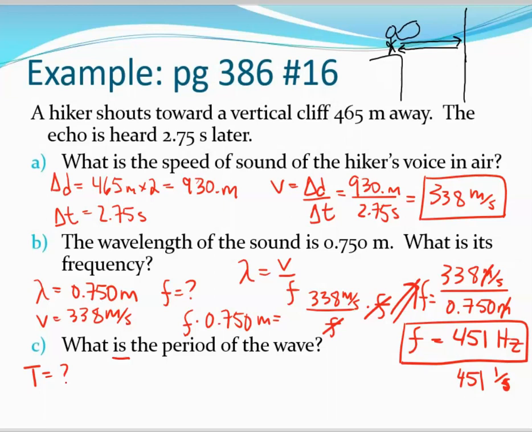And that the formula is the reciprocal of the frequency. So all I have to do is do 1 over 451. And remembering that, like I said, this is waves per second, or 1 over second. So the reciprocal of the reciprocal, okay, I'm going to get a very small number.